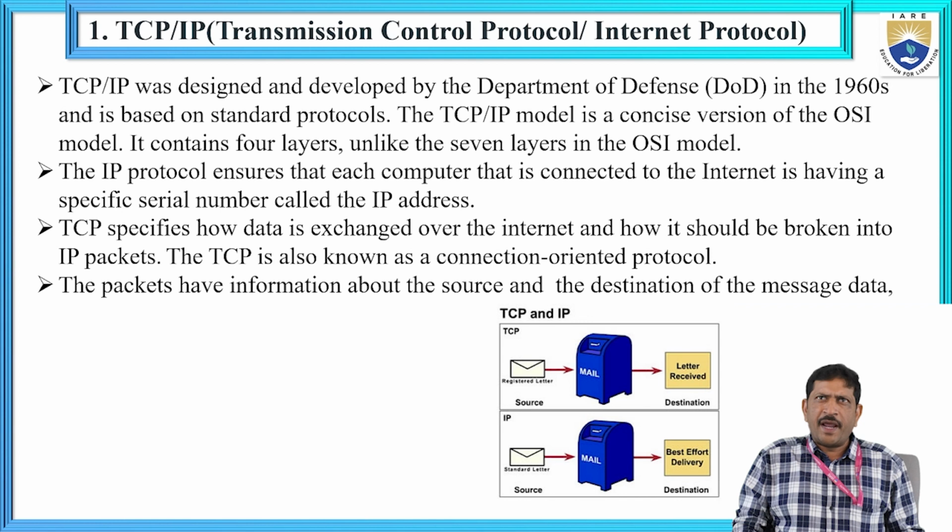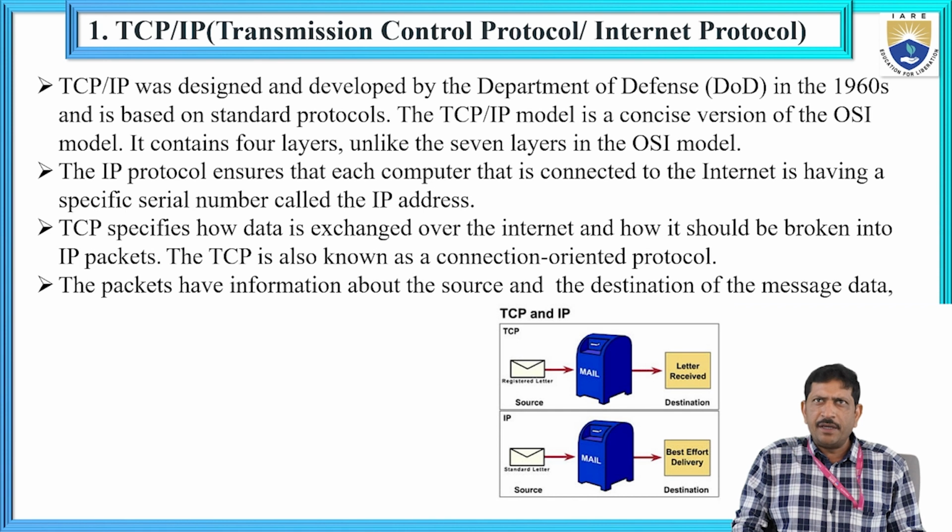TCP/IP, that means Transmission Control Protocol and Internet Protocol. TCP/IP was designed and developed by the Department of Defense, DoD, in the 1960s, and it is based on standard protocols which follow some standards.